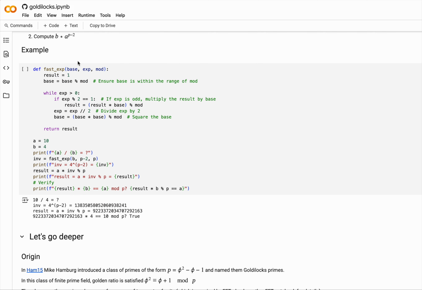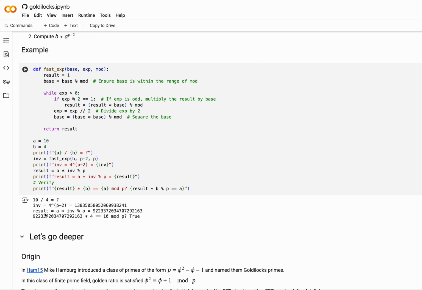And here is an example code. You can see we are computing 10 divided by 4 under the Goldilocks field. Firstly, we use a fast exponentiation function to compute 4 to the power of p minus 2, and then we get the inverse.